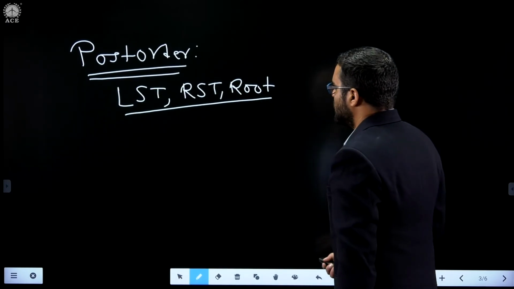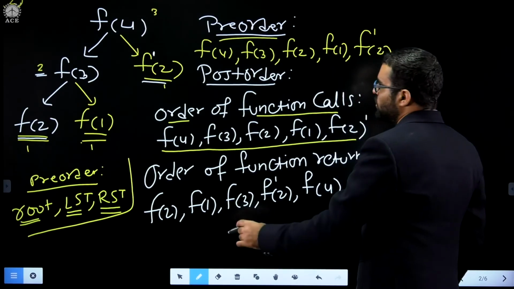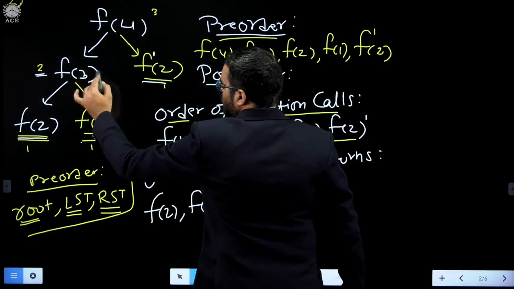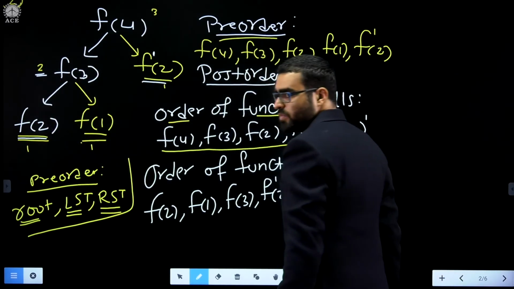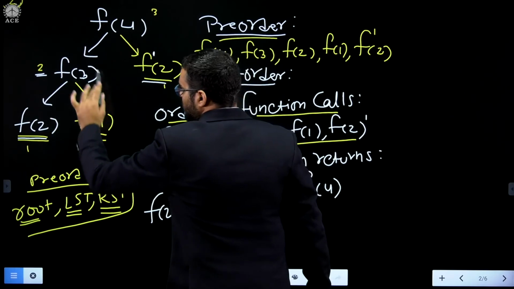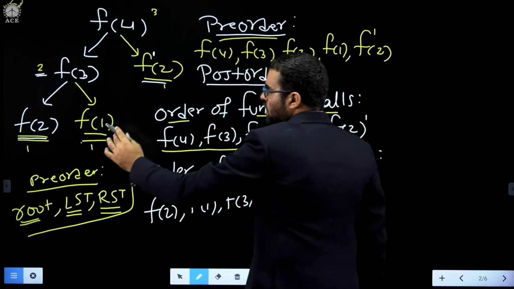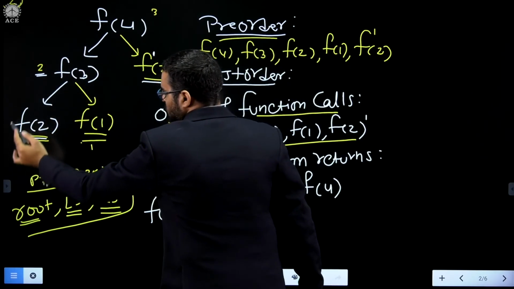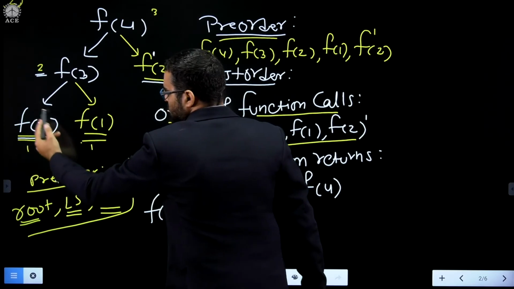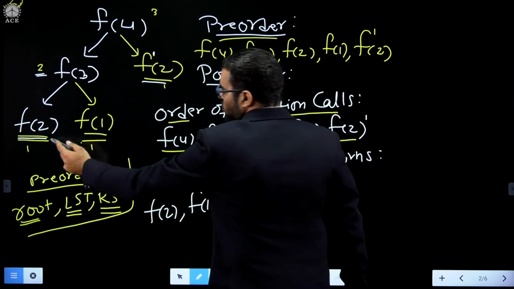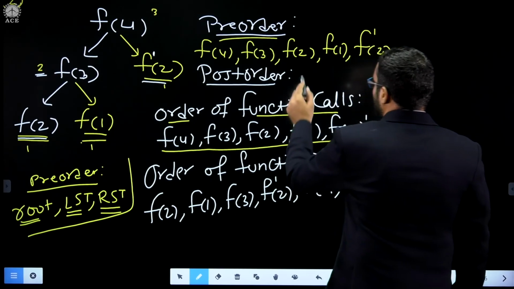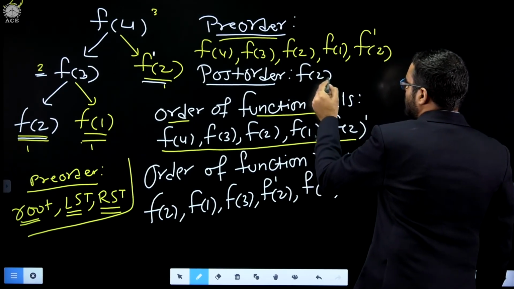In this you can see what we will do. First we will go to the left subtree, then again in this left subtree we will go to the left subtree. Now you can see this is the only node, so we print it. So you can see this is F2.